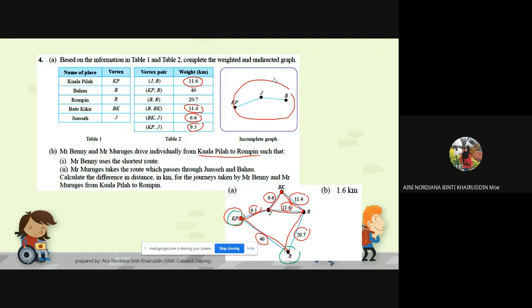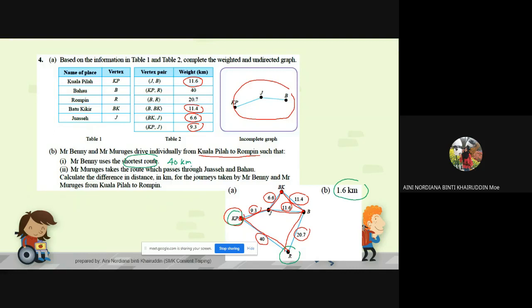Can you understand this question? This question is easy. First you complete the graph according to what is given in table 1 and table 2. Then look at the question. Okay? So to get the answer, Mr. Benny used the shortest route, which is 40 kilometer.